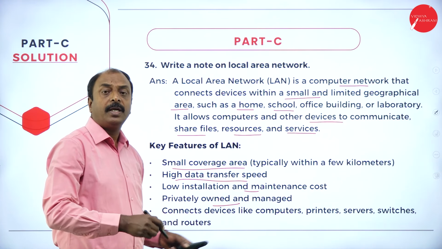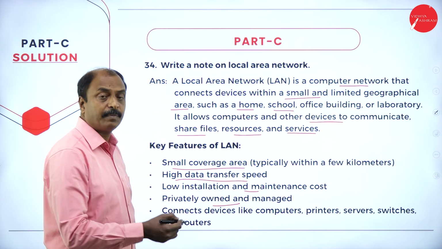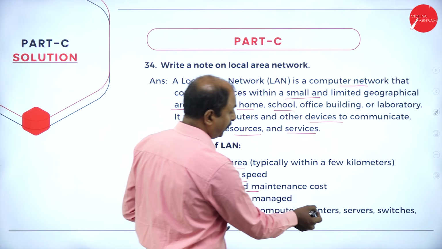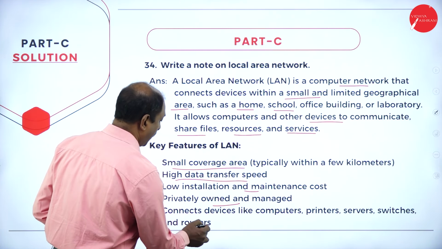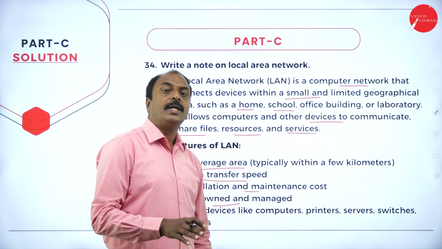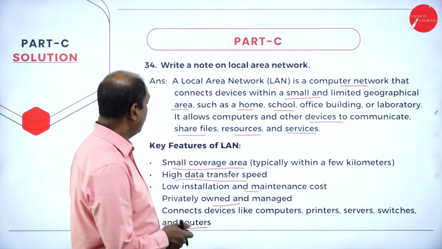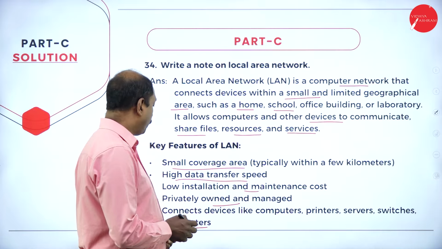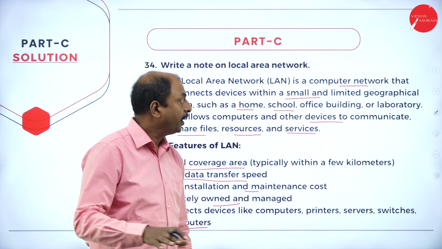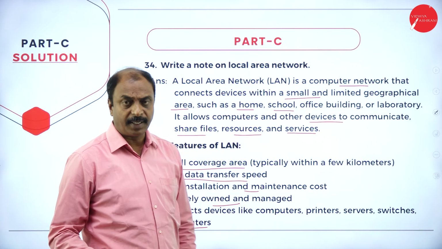It can be a private network, and connects devices like computers, printers, servers, switches, and routers. So different computing devices or network devices can be connected along with the computers to form a local area network. It is restricted to a small geographical area.